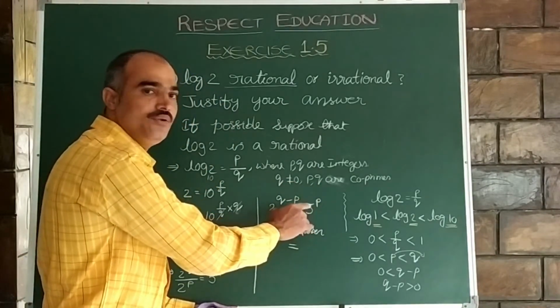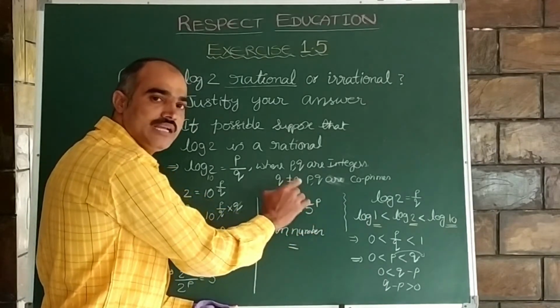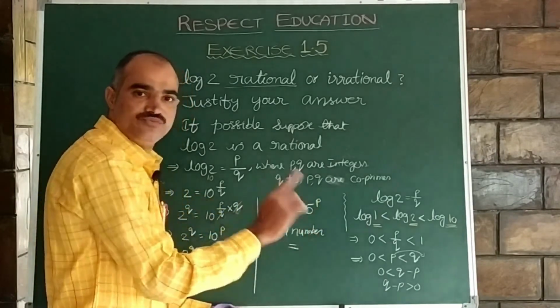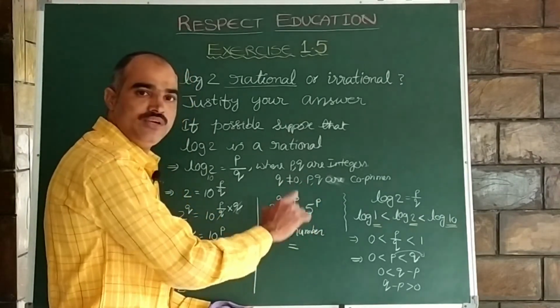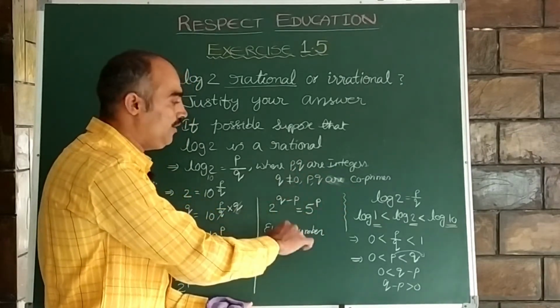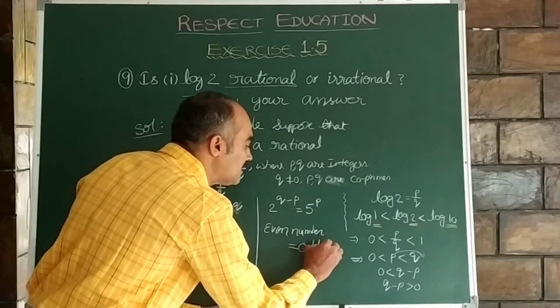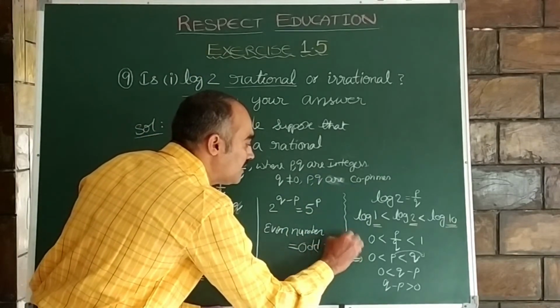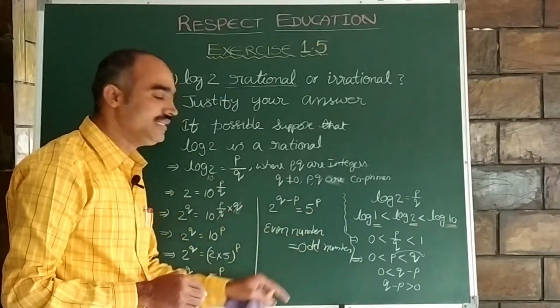In place of p you can take any number: 5 power 1 is 5, 5 power 2 is 5 into 5, 25, 5 power 3 is 5 into 5 into 5, 125. See the ending numbers: 5, 25, 125, 625. These are all odd numbers. So here 2 power something is an even number, and 5 power p is an odd number.